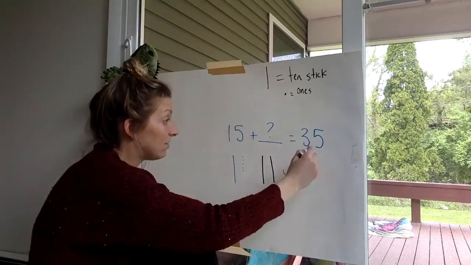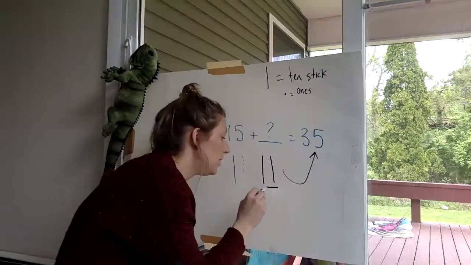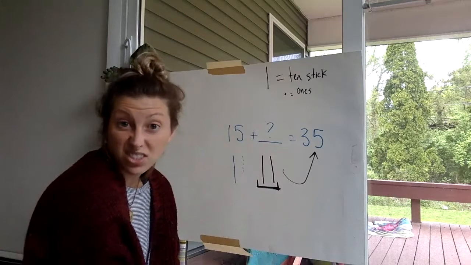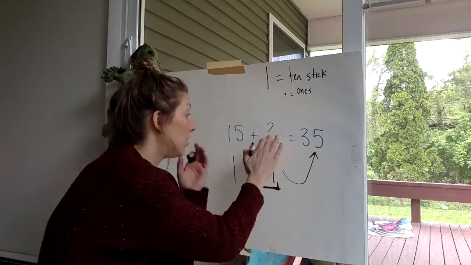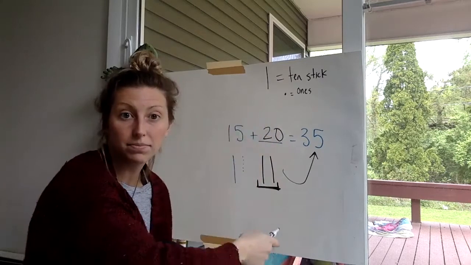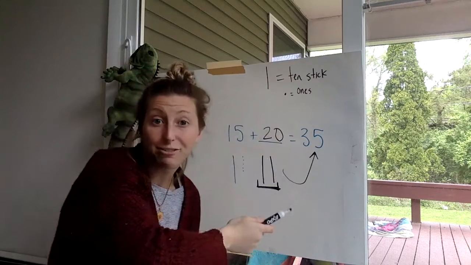Well, is that what we needed it to get to? Yeah. Then how many did we need to add? We needed to add 2 10 sticks, which is another way of saying add 20. So 15 plus 20 is going to give us 35.